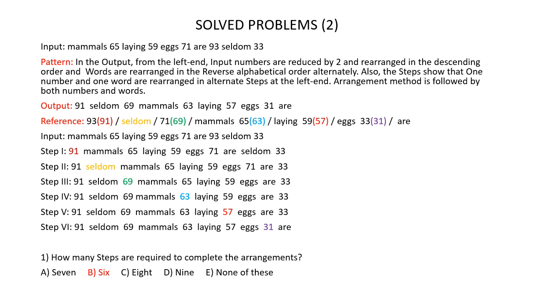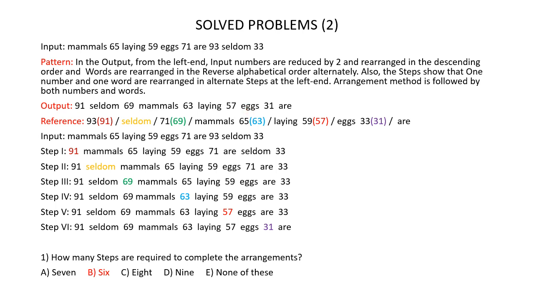Now arranging these numbers in descending order, we get 91, 69, 63, 57 and 31. Now the words given in the input are mammals, laying, eggs, are, seldom. Now rearranging these words in reverse alphabetical order, we get seldom, mammals, laying, eggs, are.